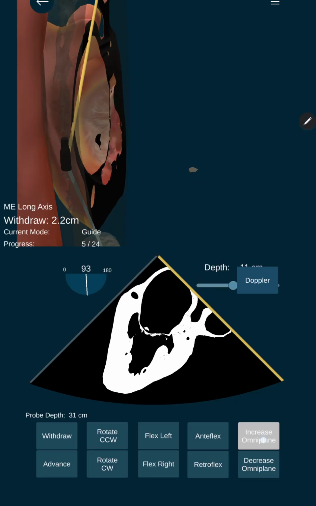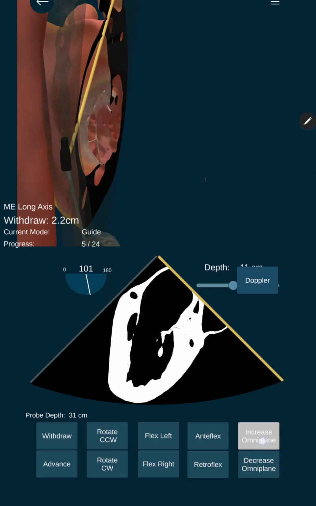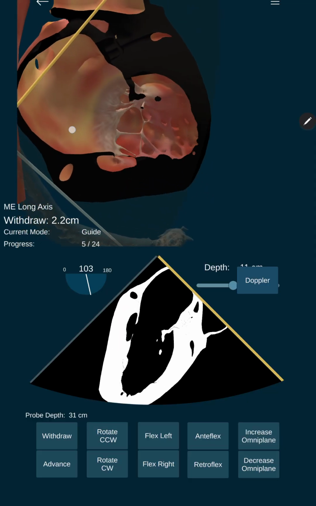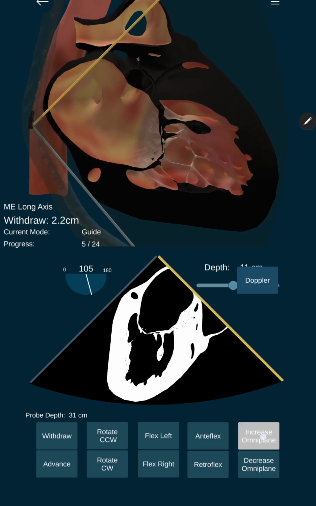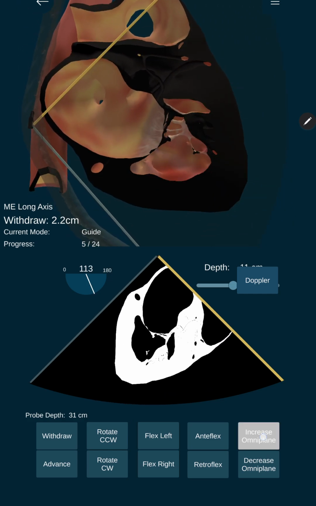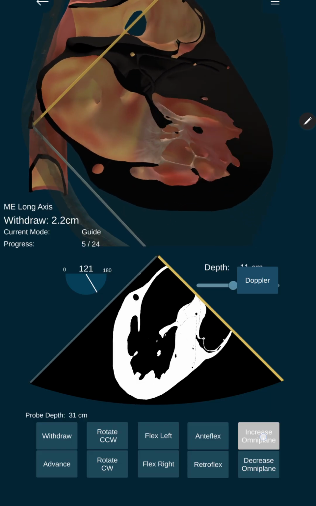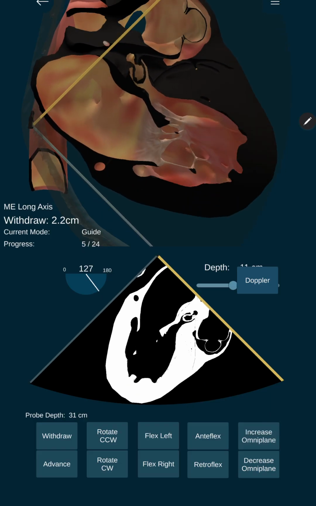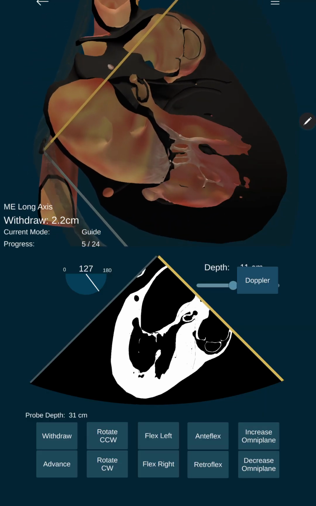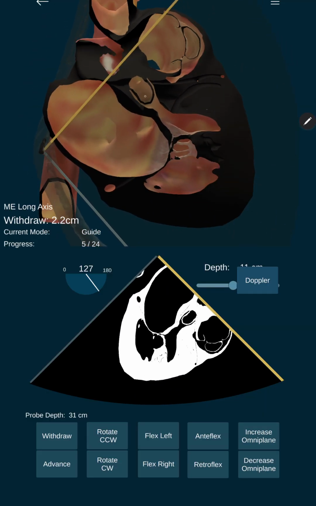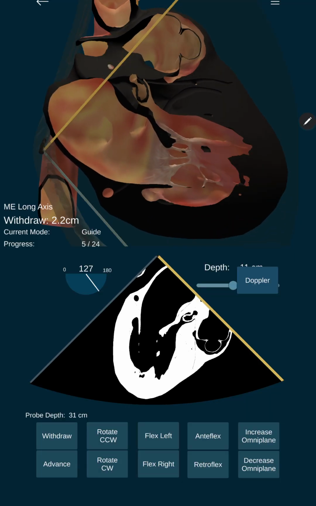Now, further increasing the angle to around 135 degrees, let us tilt the image like this. This is the view which shows us the LA, LV, and we have to see the LVOT with the aortic valve. That is a long axis.